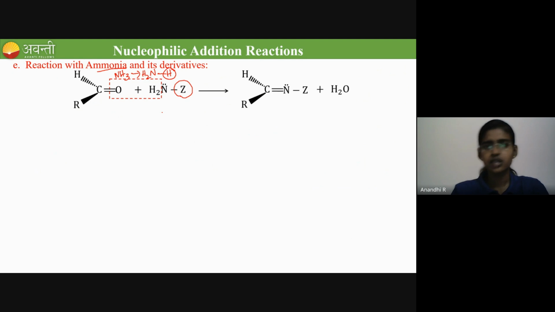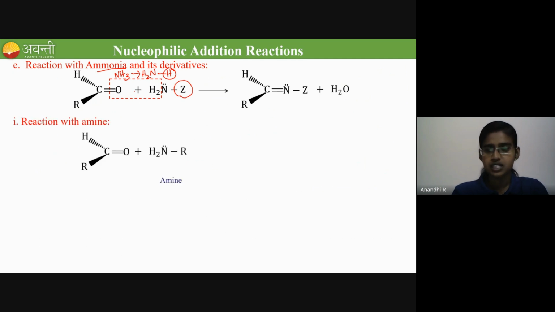So you can directly get the final product by the removal of H2O in this manner. Just remove the water molecule and connect the nitrogen to the carbon. You will get the end product. This is the mechanism. Then we'll discuss one by one.